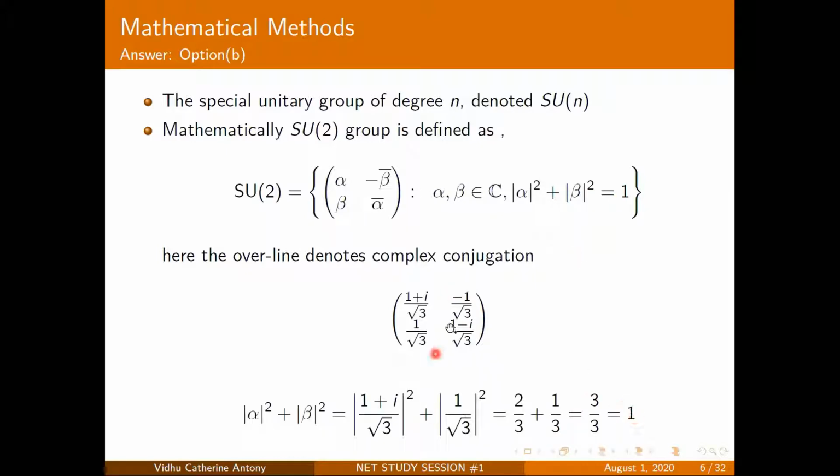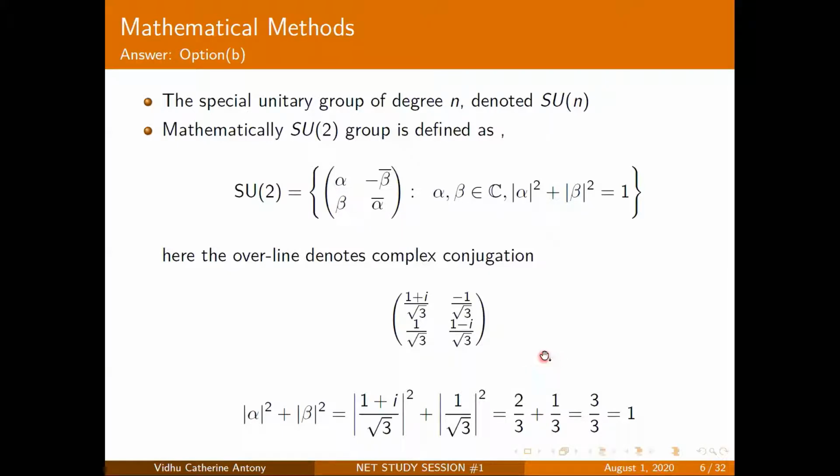So these kinds of matrices, where you square these alternative terms, this term and this term, and if it ends up giving you a 1, then you say that this matrix is an element of the SU2 group. These special unitary groups are extensively used in particle physics.